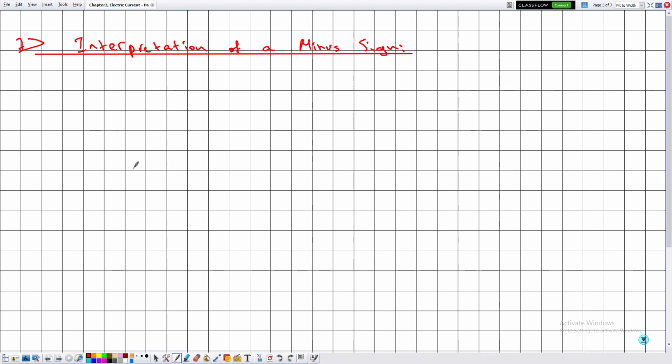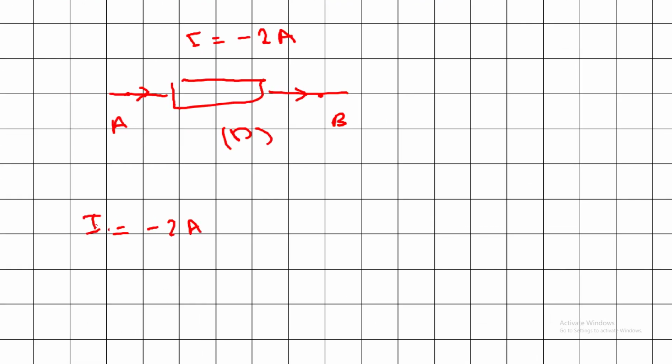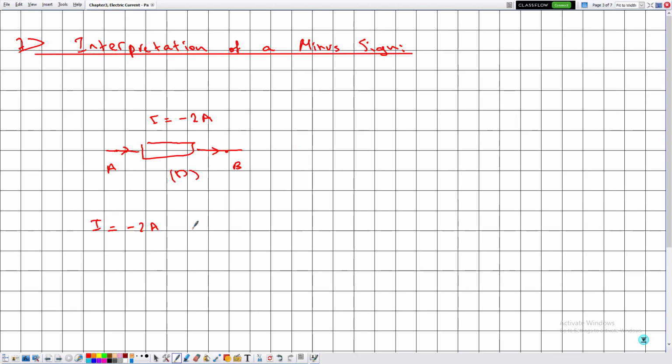So suppose that here in this case we have an electric component D traversed by a current I from the point A to the point B, and the value of I is given as minus 1 ampere, say for example minus 2 amperes. So what does the minus sign mean?